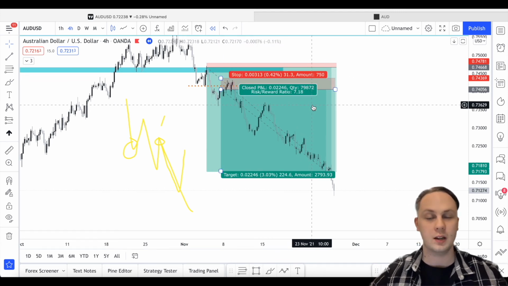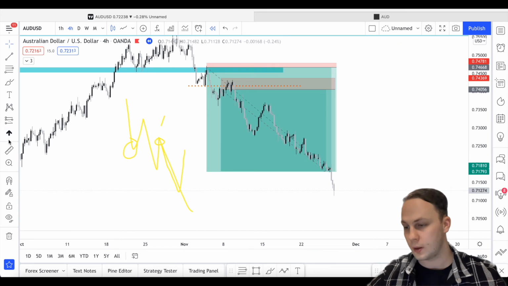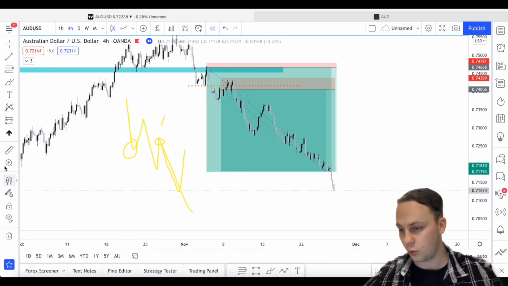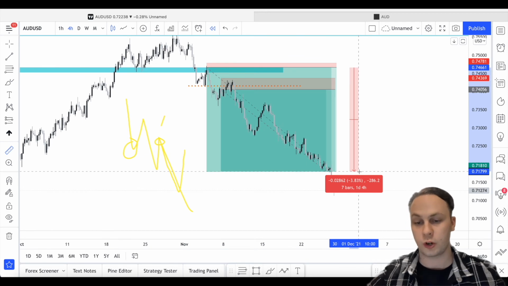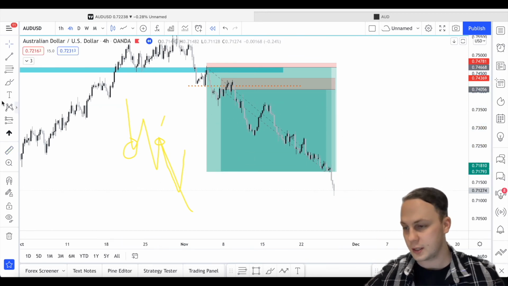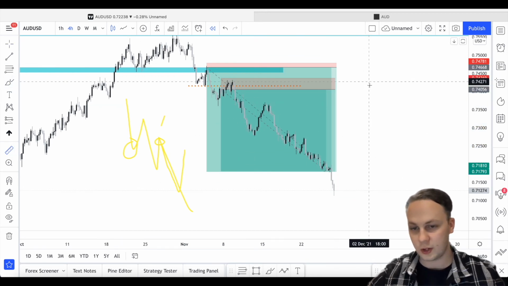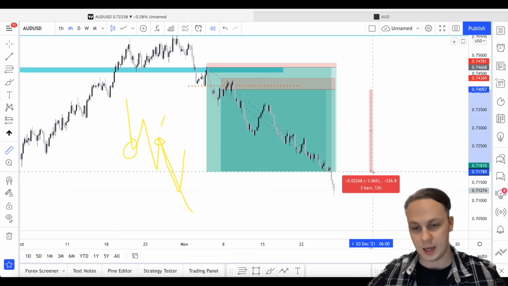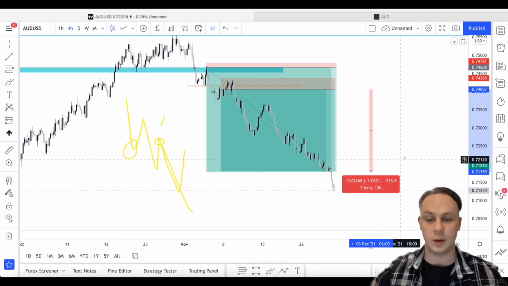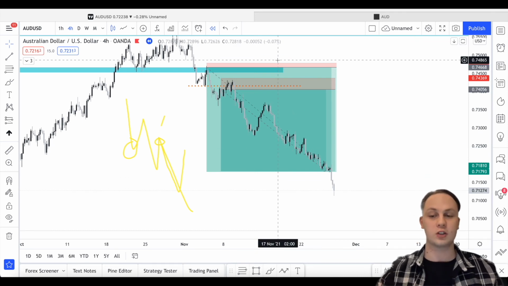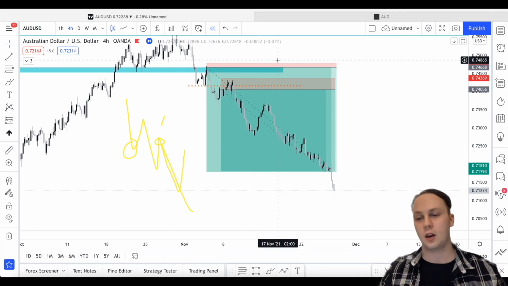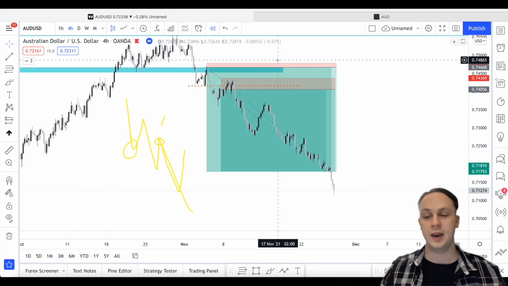The second one a nice 1 to 7 risk to reward. The first trade netted us 286 pips, and the second trade netted us a further 225 pips. So we're looking at near enough between 450 and 500 pips from one particular Forex pair.